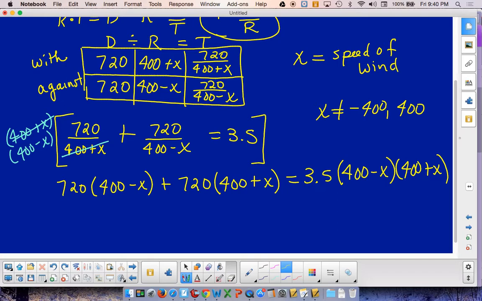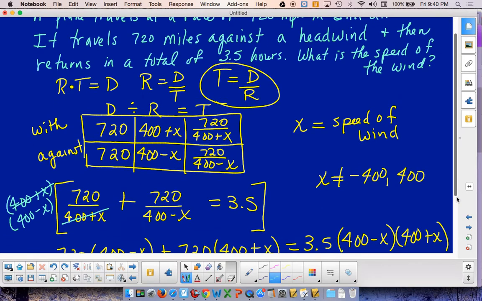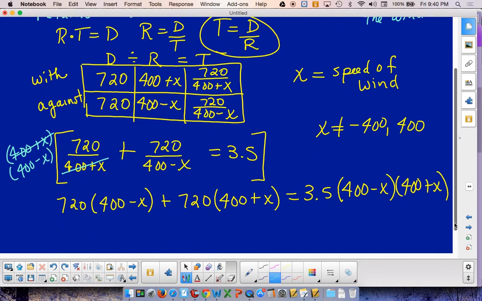Well, okay, Mrs. Meyer screwed up her problem. This wasn't supposed to be 400 miles an hour. It was supposed to be 420 miles an hour. And unfortunately, if I don't change it, it's going to make our algebra nightmarishly bad, and that's really not my purpose here. So let's go make this 420s every time. We got 420 plus x, 420 plus x, 420s everywhere I go.